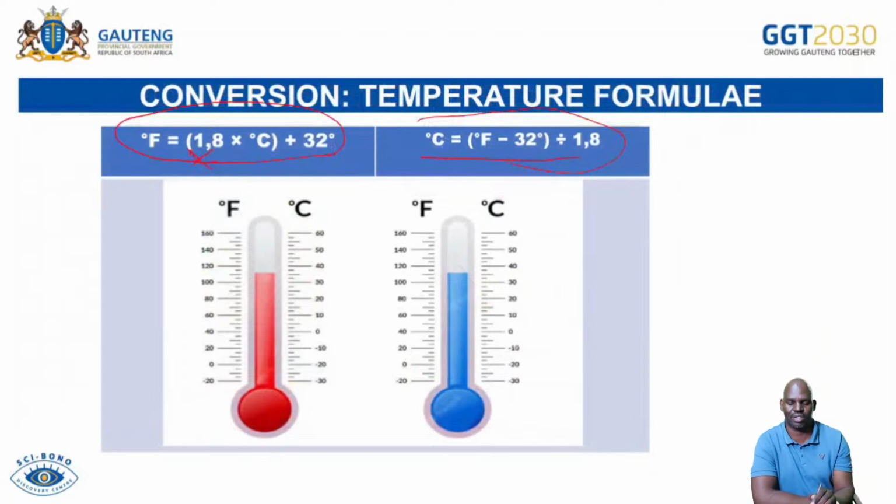But in most cases, we expect the examiner to give you this formula. Because you use them a lot in the classroom, it is also possible that even if the examiner doesn't give it to you, you'll be able to remember which one is which.